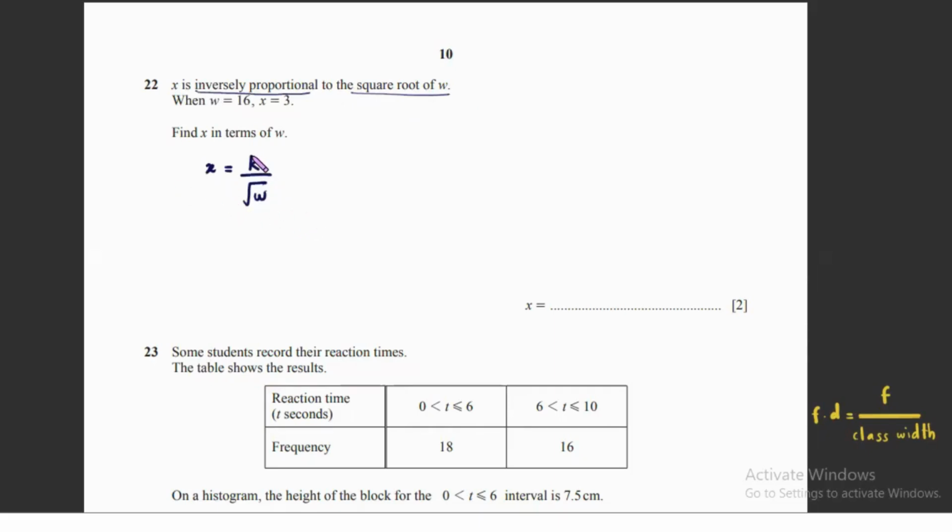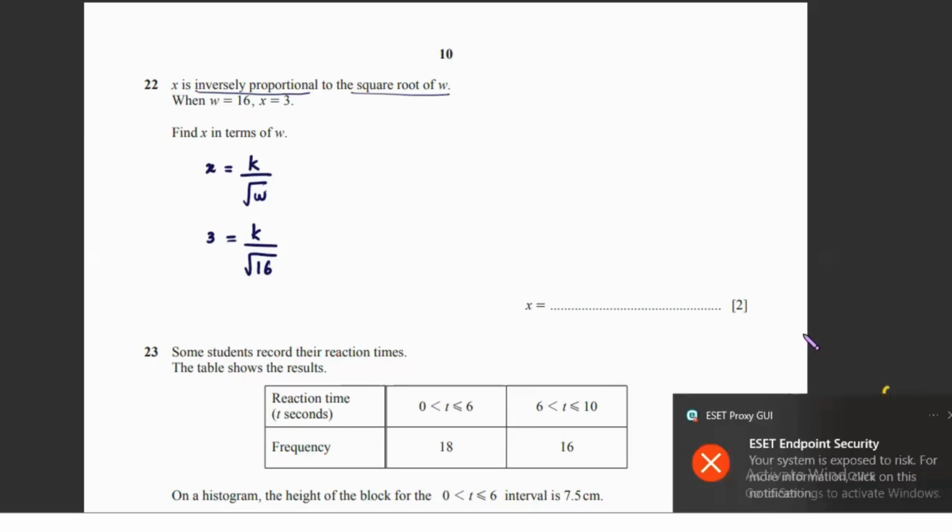Now, I need to first find what k is. To find the value of k, the value of w and x is given to us. So w is 16, x is 3. I'm going to substitute it here. So x is given as 3, k over the square root of w, which is 16. To find k, I need to do the square root of 16, which is 4.